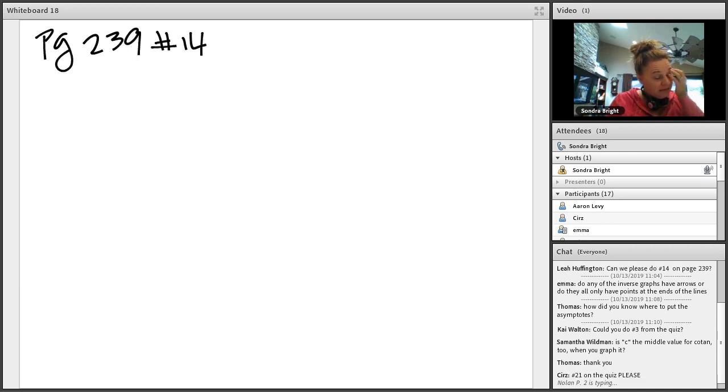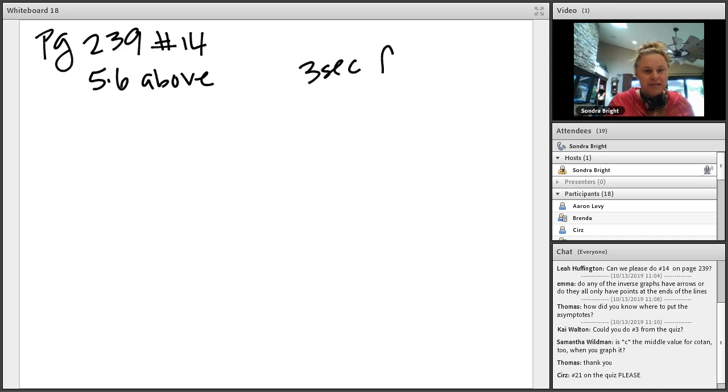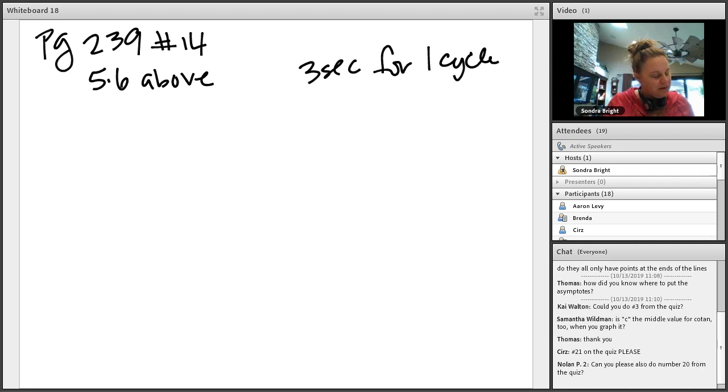It says a weight suspended from a spring is set into oscillating motion by compressing it to a point 5.6 above its resting position and then releasing it. It takes 3 seconds for one cycle, and determine an equation that describes the position of the weight at time t seconds, letting 0 represent its rest position, and then graph the equation.